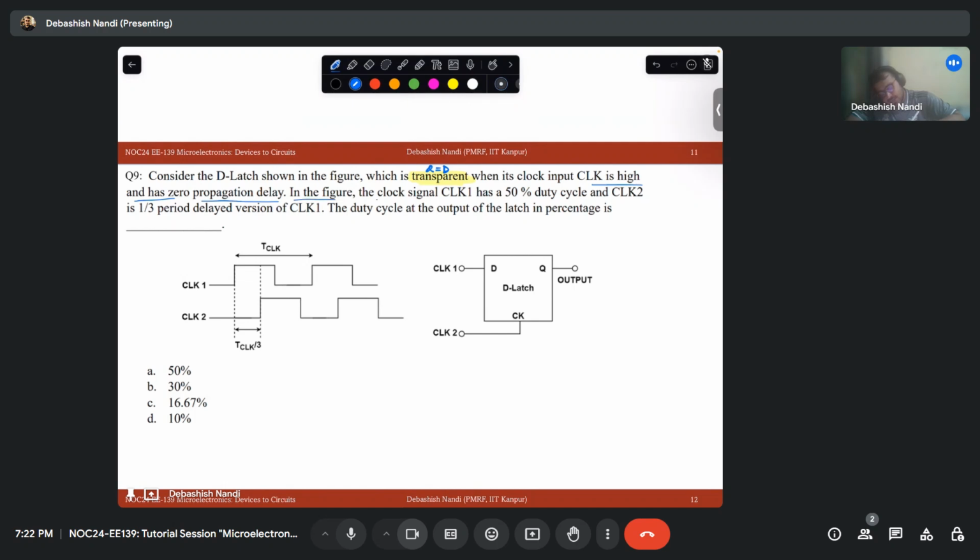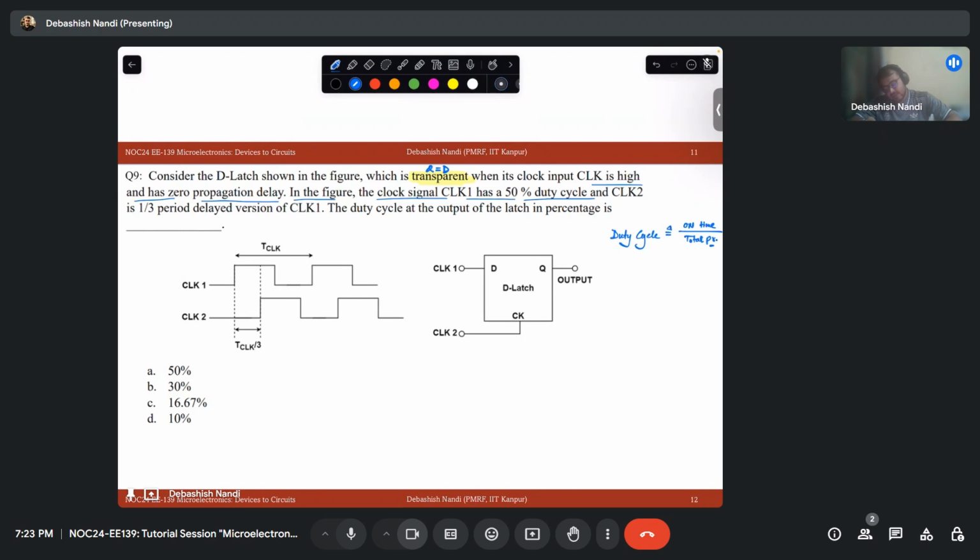In the figure, the clock signal, clock 1, has a 50% duty cycle. What is duty cycle? Duty cycle is defined as the on time versus the total period.